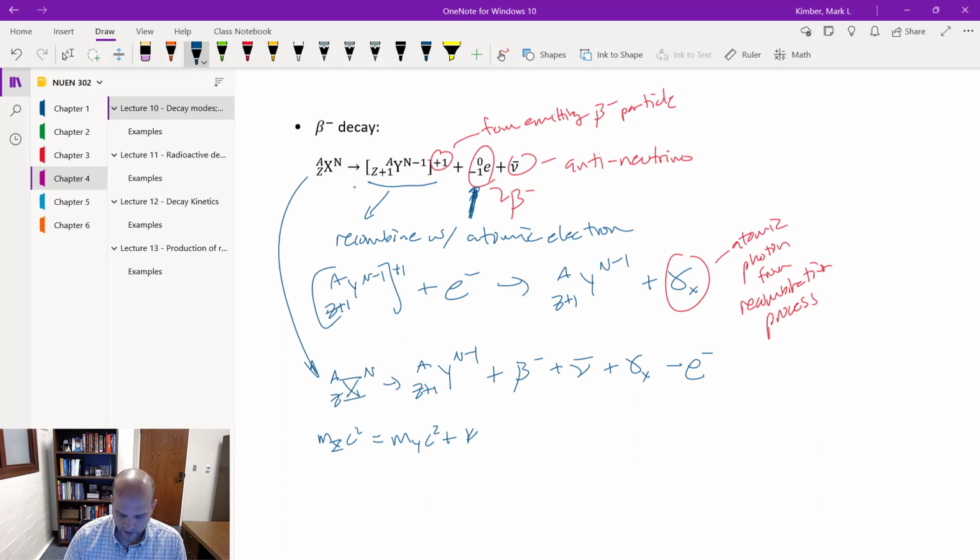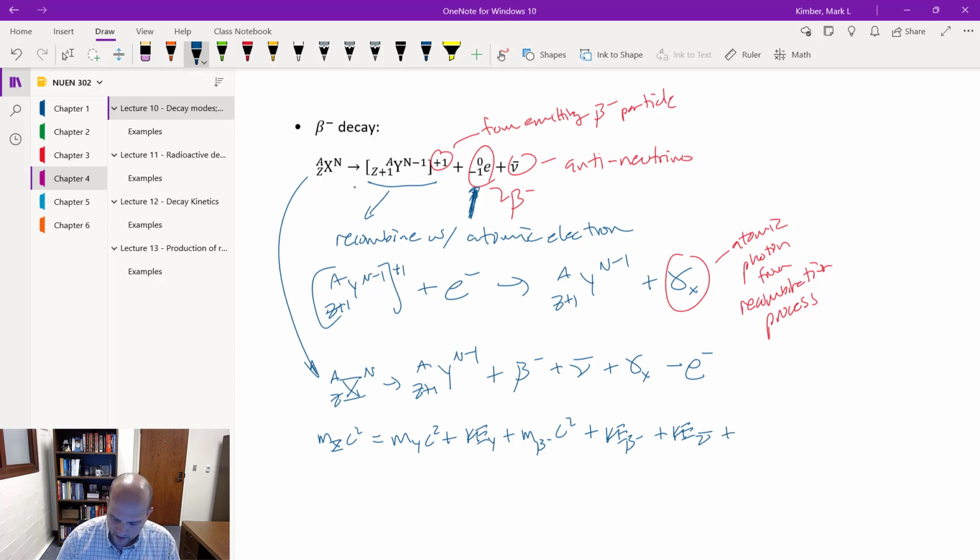We'll do the kinetic energy of that daughter plus the mass of my beta minus particle plus the kinetic energy of that beta minus particle. And then I've got this neutrino, and as I was alluding to earlier, the mass of this neutrino is so small that we are going to neglect it. It's not going to make a difference in our overall Q value expression. So I'm going to neglect that, but I am going to account for the kinetic energy of that neutrino.